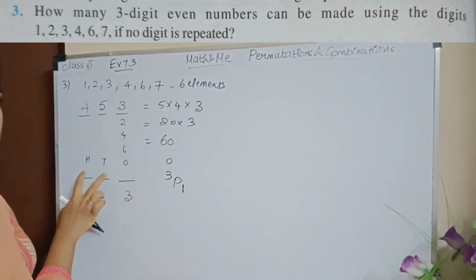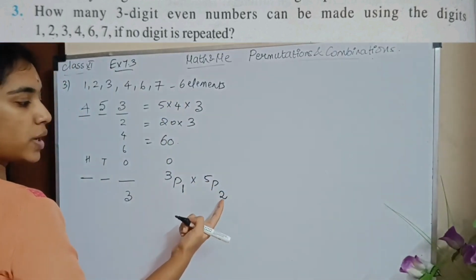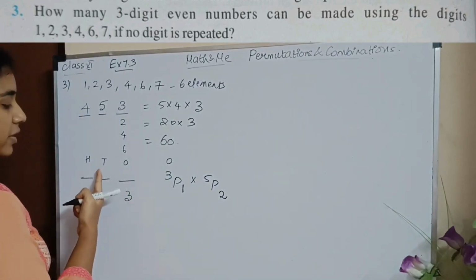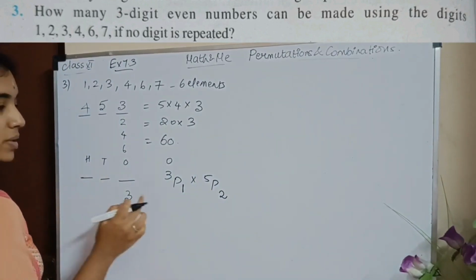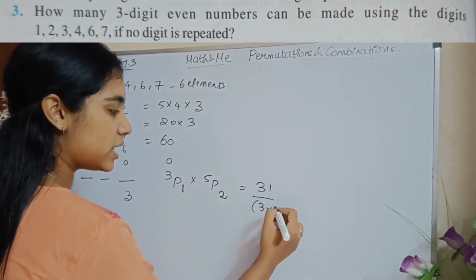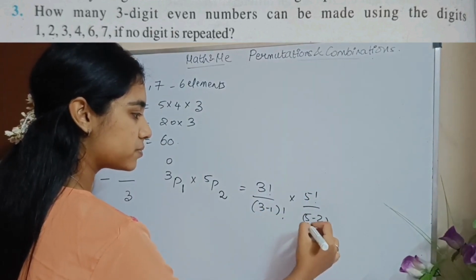And I need to choose 2, so it will be 5P2. So I need to choose 2 elements out of the remaining 5. So this will be 3P1, 3 factorial divided by 3 minus 1 the whole factorial, times 5 factorial divided by 5 minus 2.